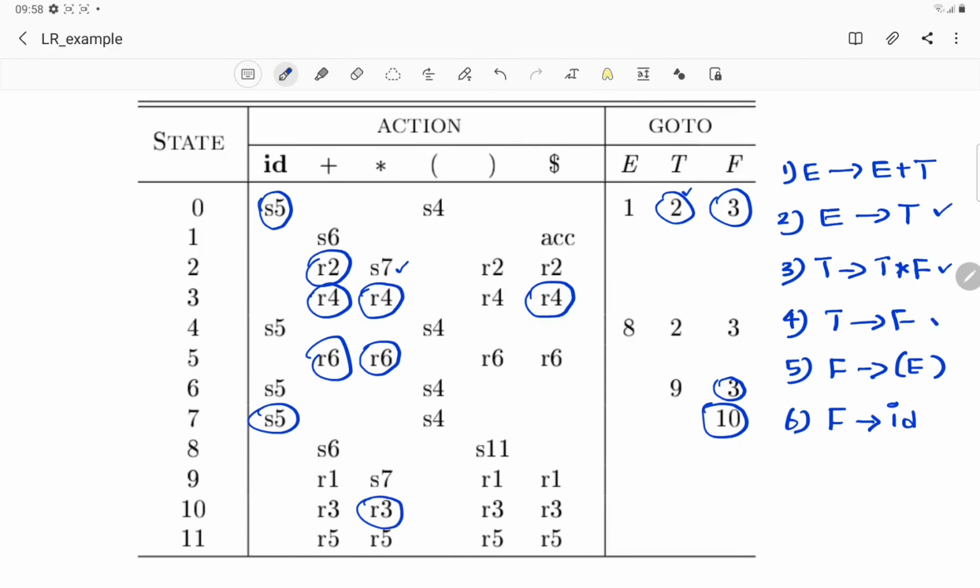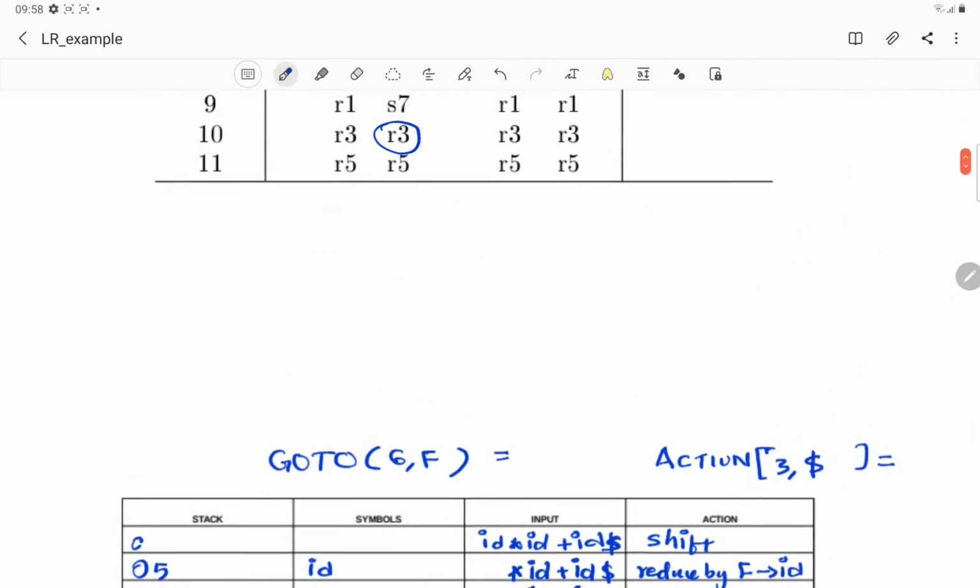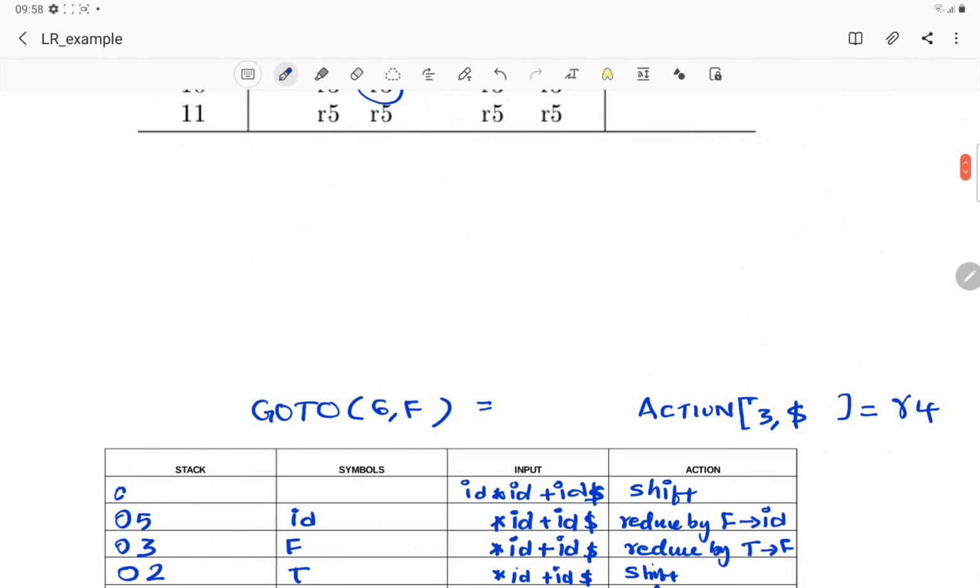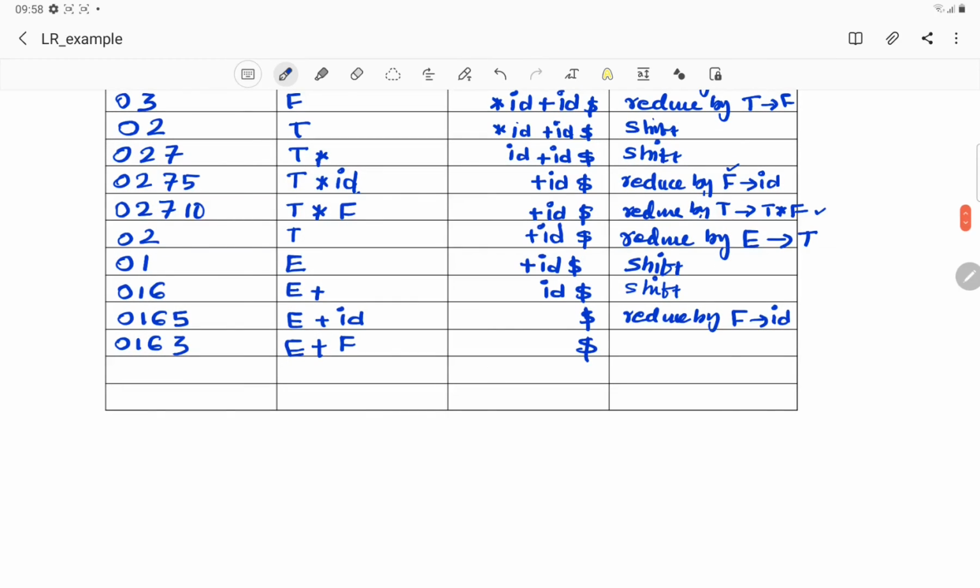So R4 is this one, T gives F. So reduce by T gives F. Here also the length of the right hand side is 1. So we pop off one symbol. So this will become 0, 1, 6.